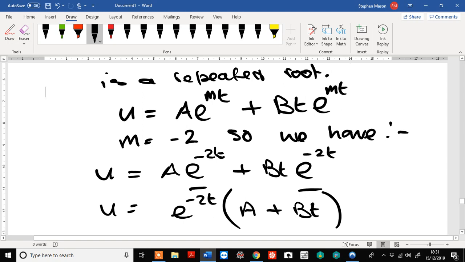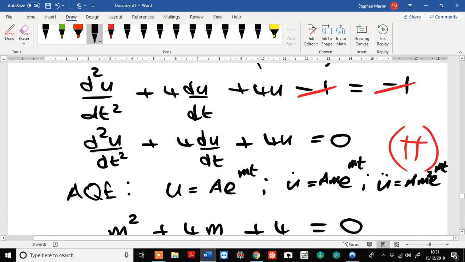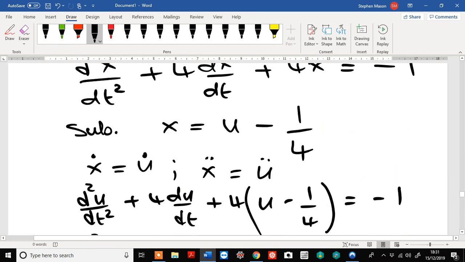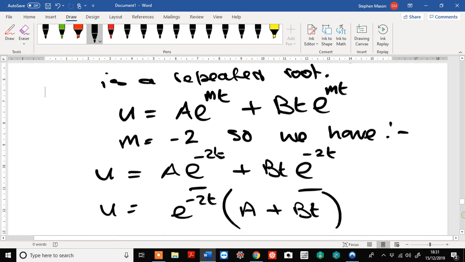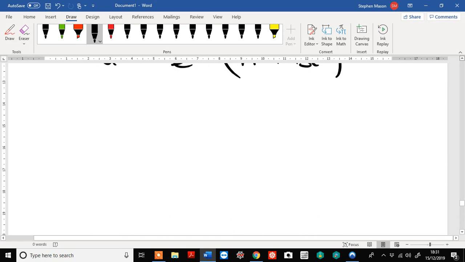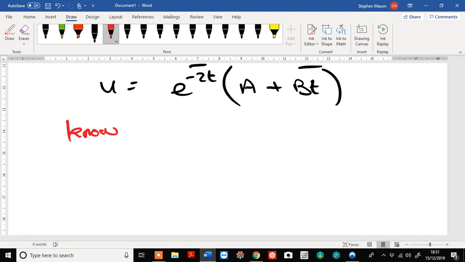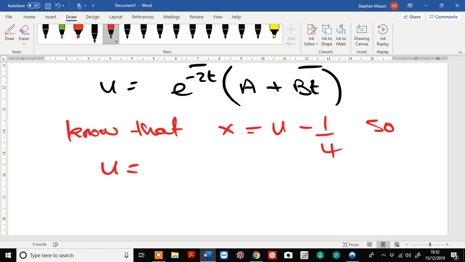Now we know that x equals u minus 1/4, so we've got u equals x plus a quarter.